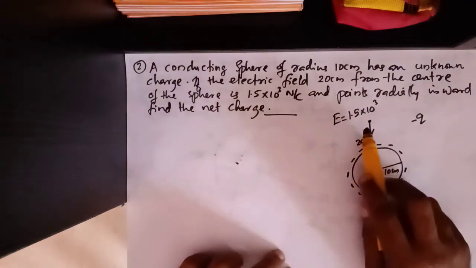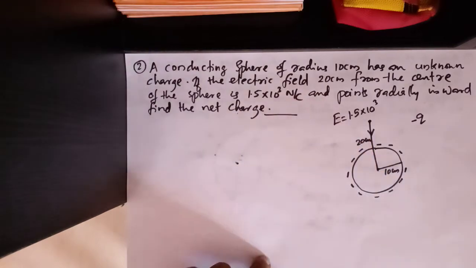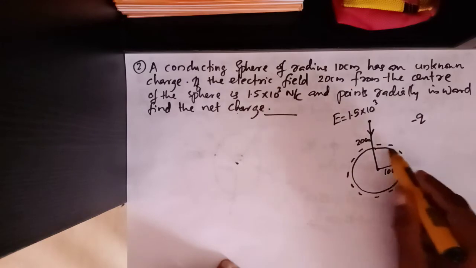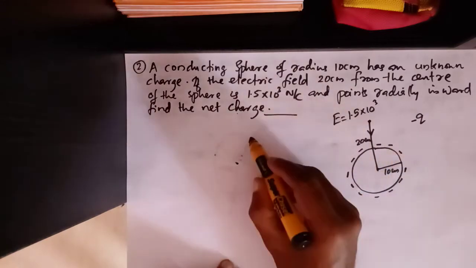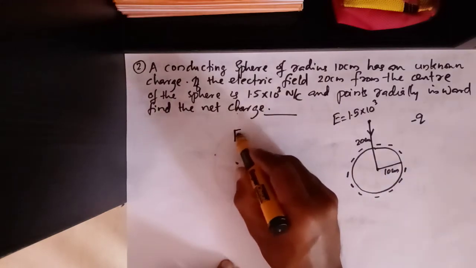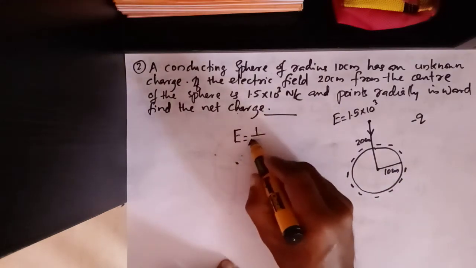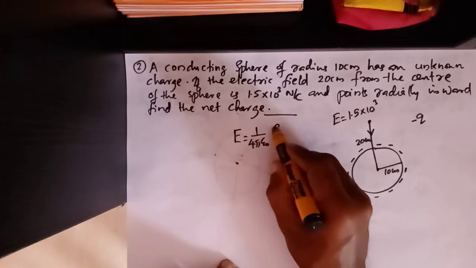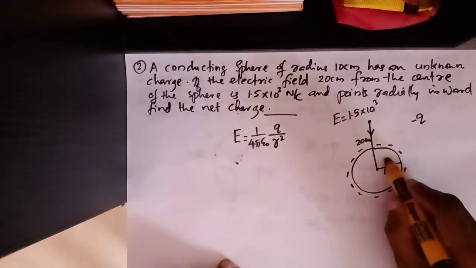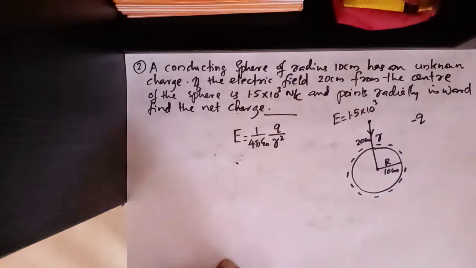Okay, so what's our aim? We need to find the net charge. We know that due to the charged sphere, we have the electric field at a distance 20 centimeter from the center. What is the equation of electric field? Electric field is equal to 1 by 4 pi epsilon 0 charge divided by r square. This r we can take as capital R, and this we can take as small r. So what is small r here?